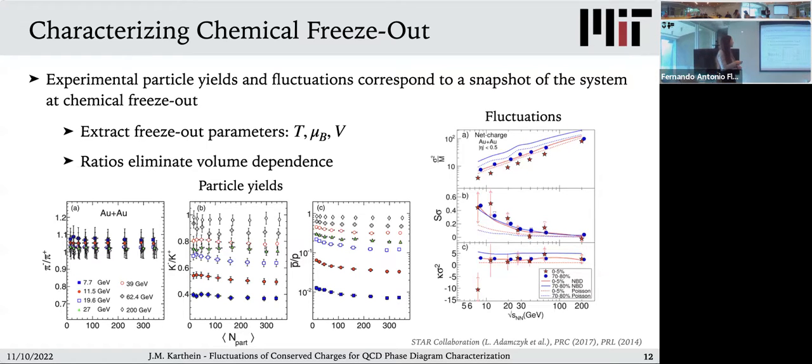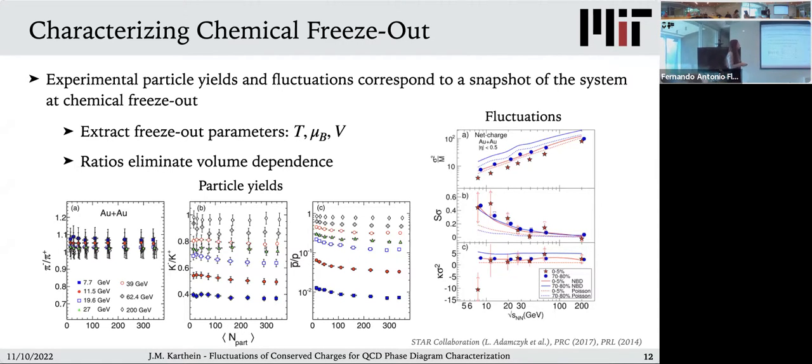If you take the particle yields, then you don't know what the volume of the system is going to be at the time of freeze out. So if you take some ratios, then you can eliminate that, at least the naive volume dependence, to leading order.